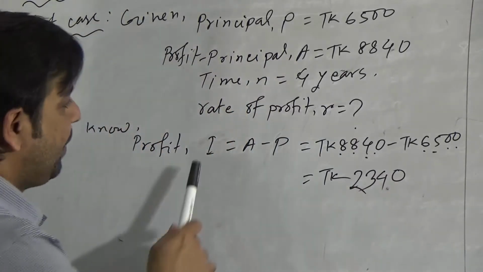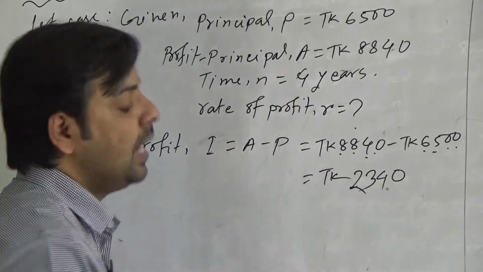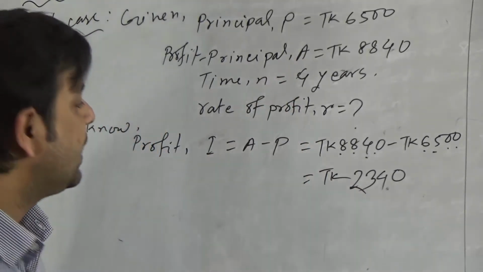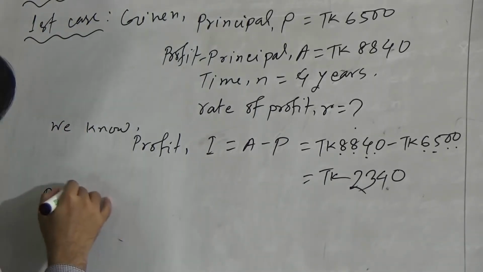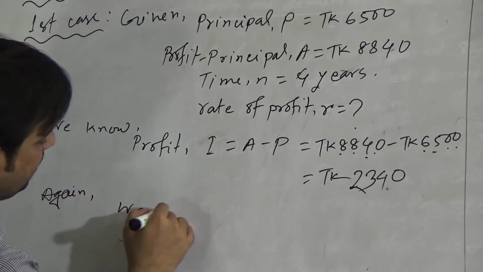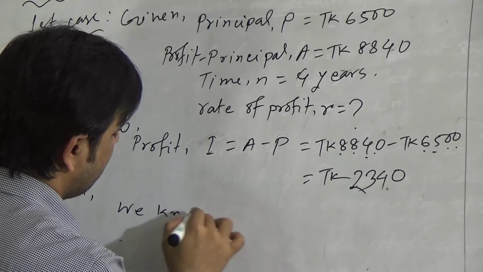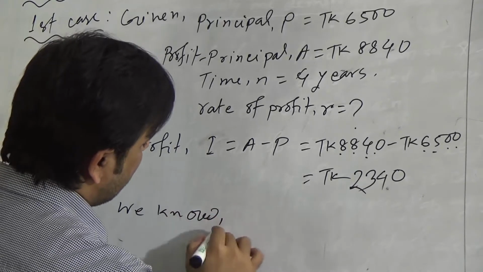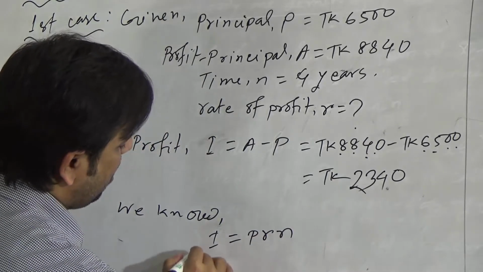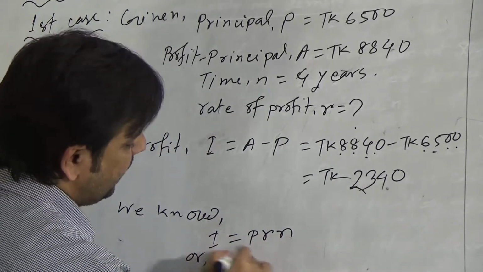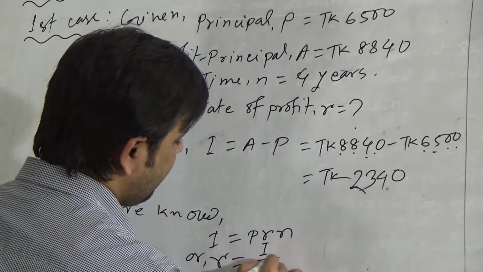Now we have profit, we have time, we have principal, and so we can determine the rate of profit. Again we know I equal to PRN, or we need to determine R, so we can write R equal to I by Pn.